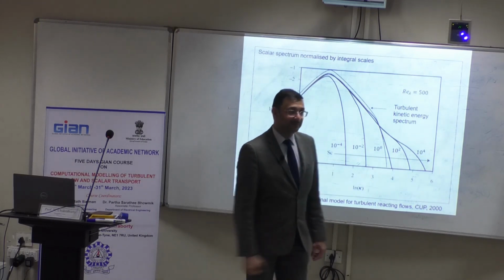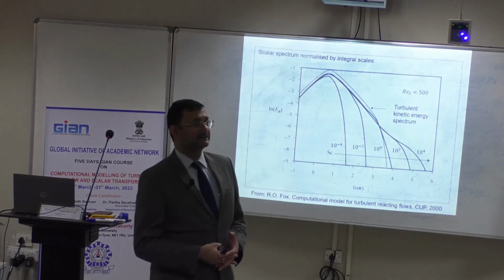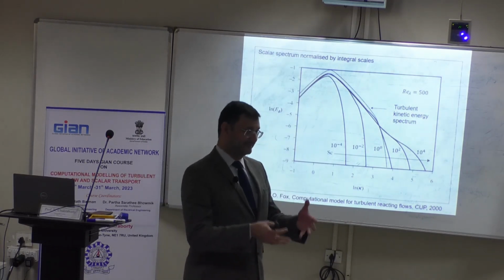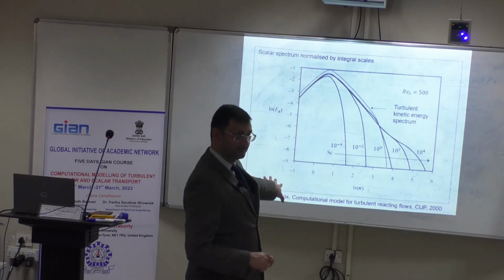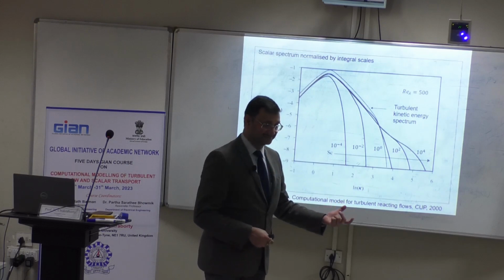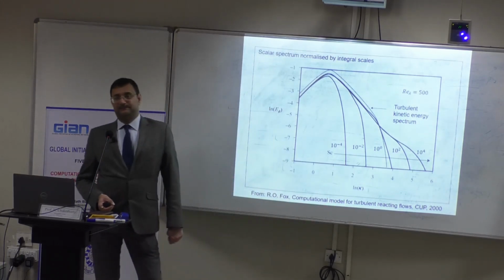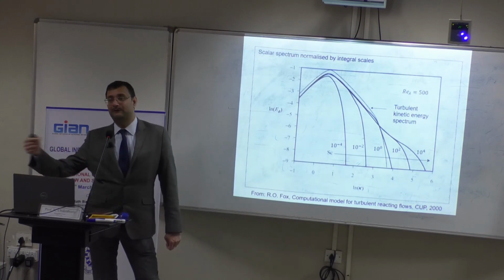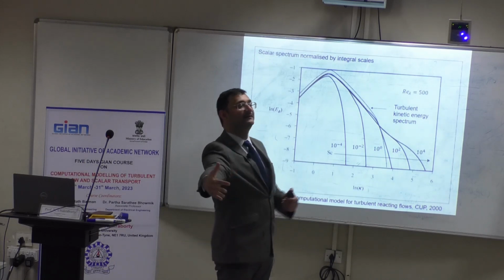So if you are thinking about heat transfer DNS or mass transfer DNS for gaseous flows, it's fine. There is no extra burden because you have to anyway resolve the Kolmogorov length scale. If I'm talking about liquids, and especially high molecular weight liquids, the heavier the liquids are, the Schmidt number increases.